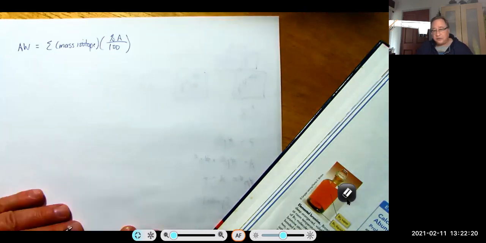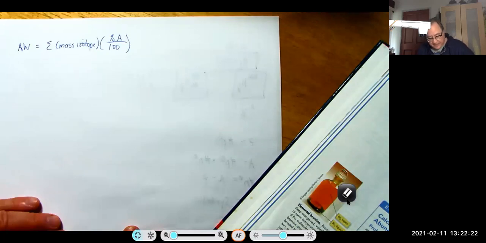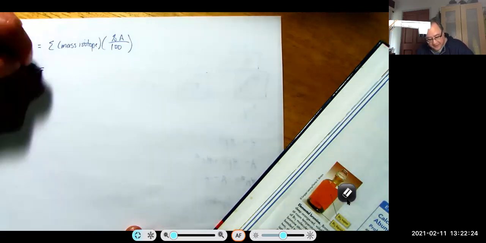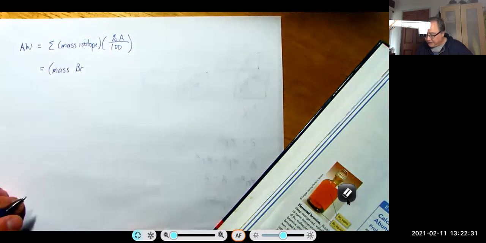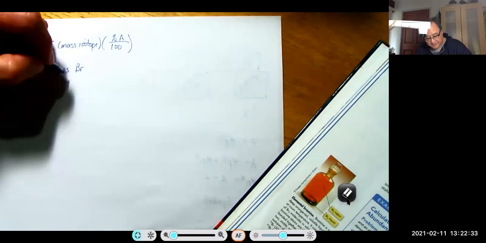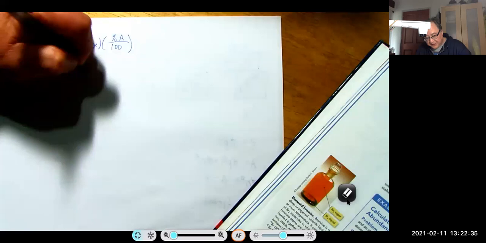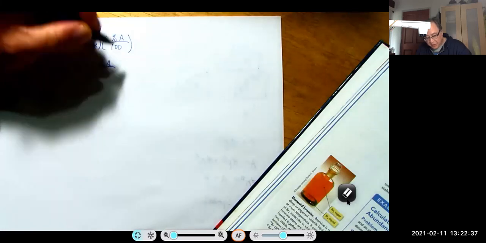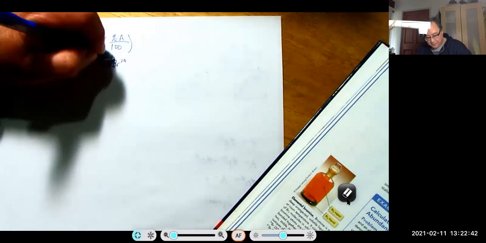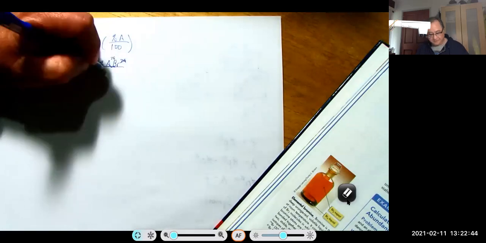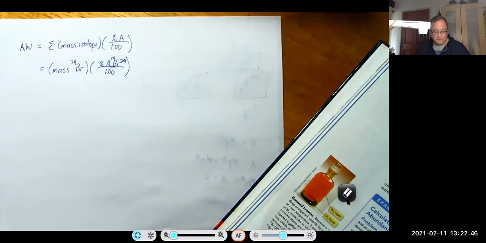And here's how you use the formula. In this case, it's going to be the mass of bromine 79 times the percent abundance of bromine 79 over 100. And that's not all, because there's another isotope.